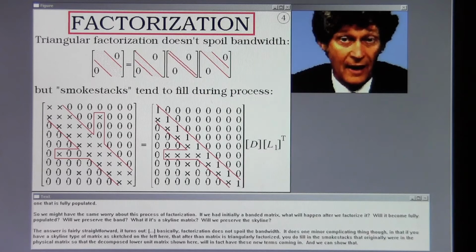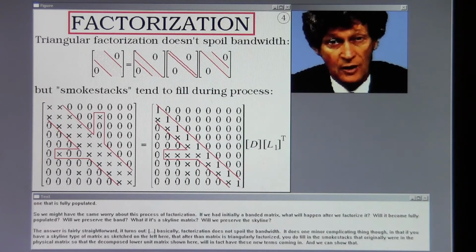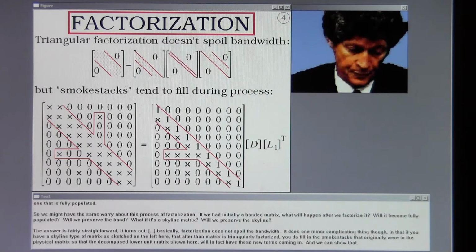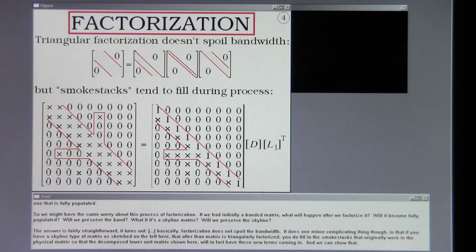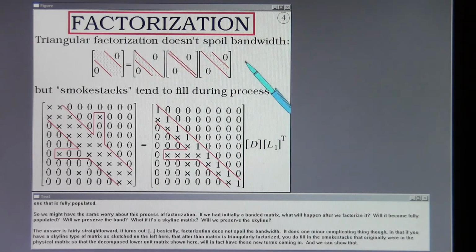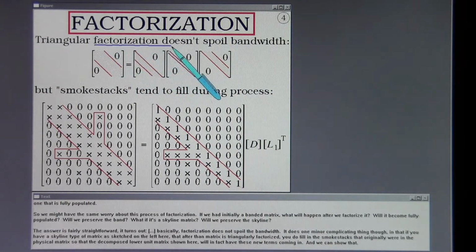Will we preserve the band? What if it's a skyline matrix? Will we preserve the skyline? The answer is fairly straightforward, it turns out. Basically, factorization does not spoil the bandwidth.